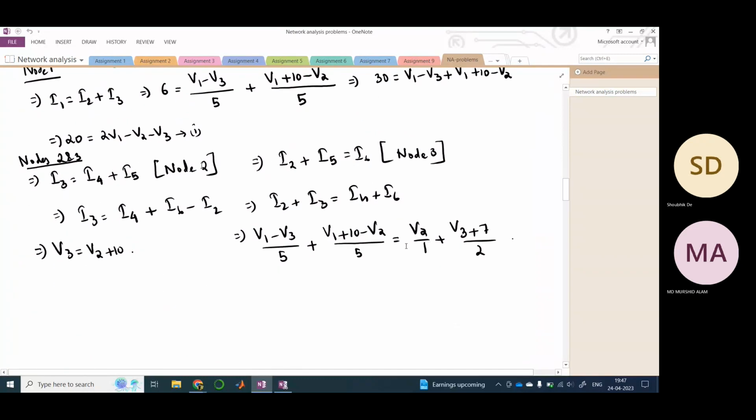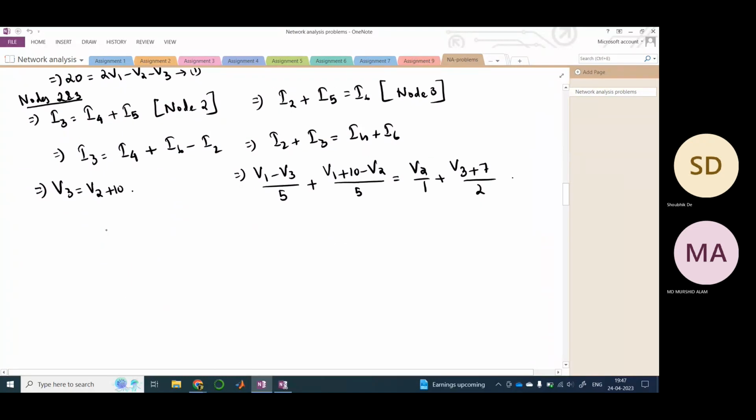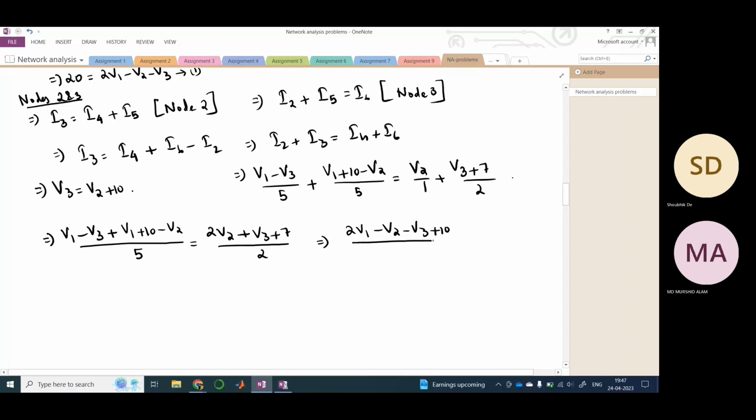Now, having done that, we will just simply solve this. So this would be V1 minus V3 plus V1 plus 10 minus V2. And this would be 2V1 minus V2 minus V3 by 10 plus 10 by 5 equal to 2V2 plus V3 plus 7.